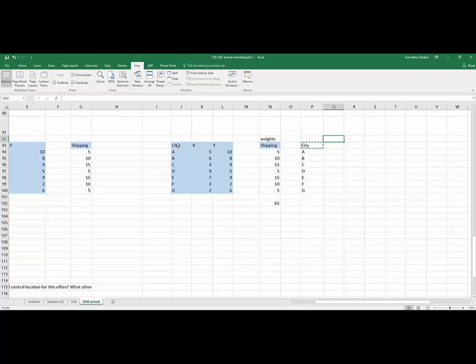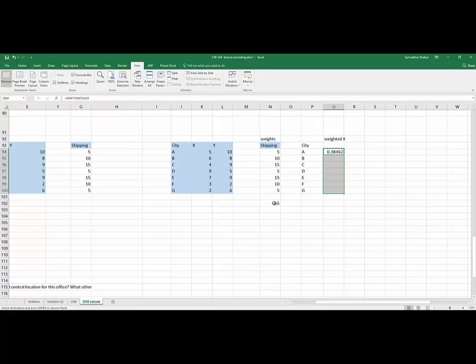So the weighted x would be this times this, divided by 65.